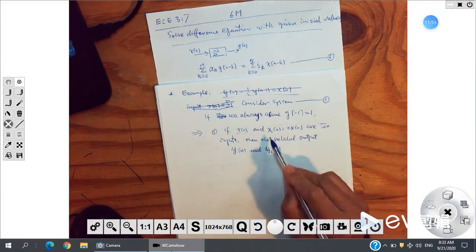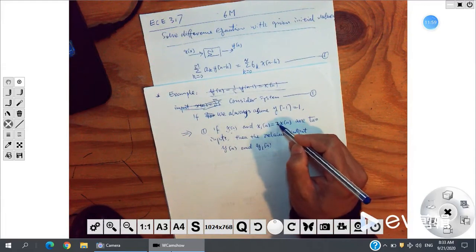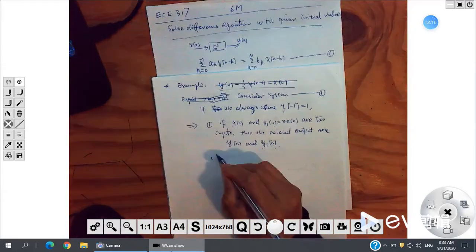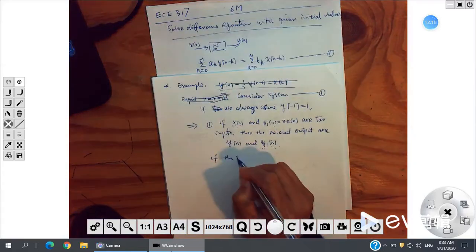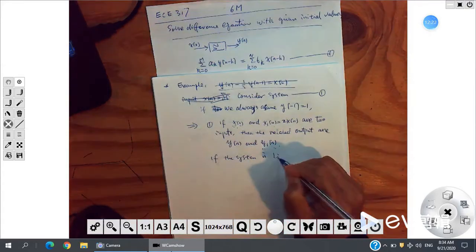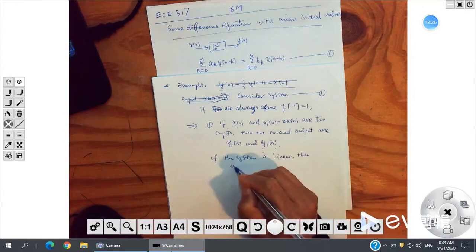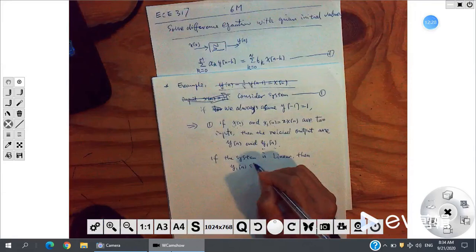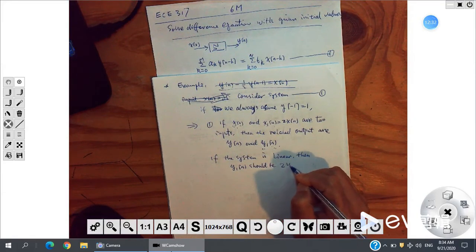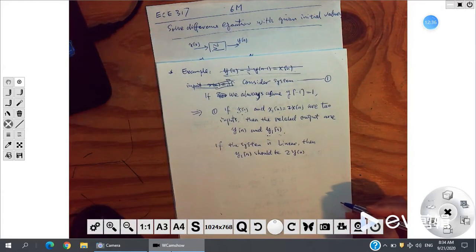Now you see, of these two inputs, the second input is the double of the first. Right? It's a double. So if the system is linear, then y1[n] should be 2 times y[n].